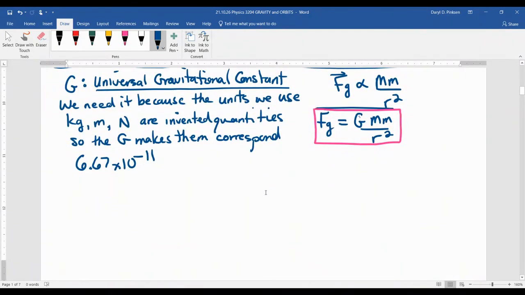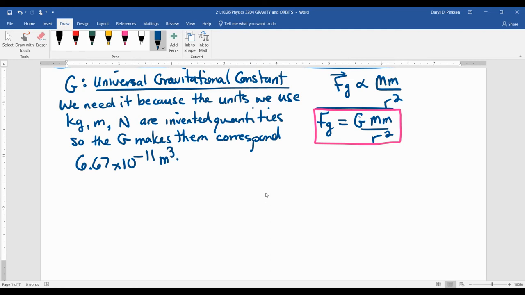Oh, I need to check for a second. It's right at the front of the textbook somewhere, all of the constants. Meters cubed per second squared times kilograms.